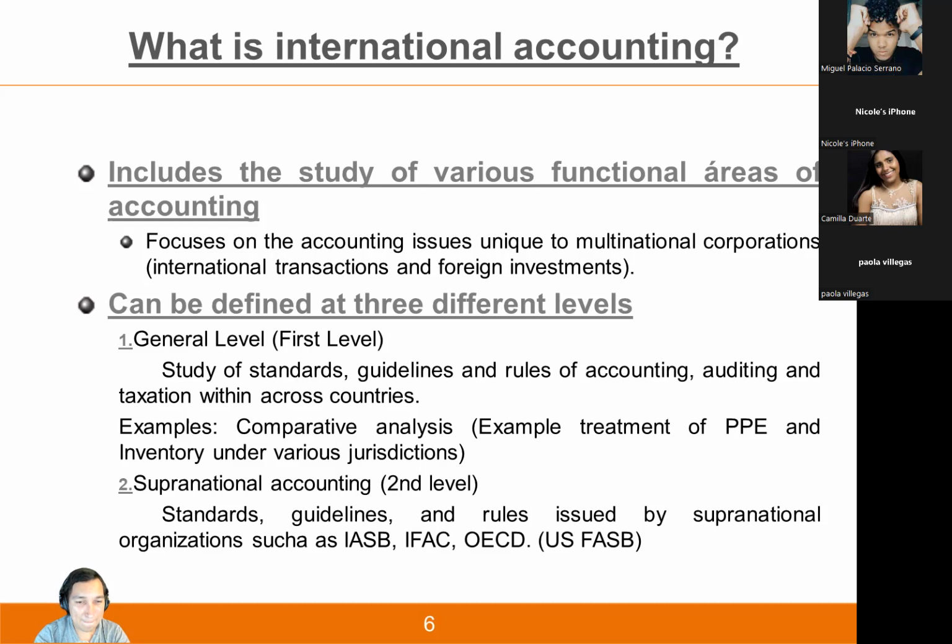Teacher, I don't understand the question. General level? Yes. Well, let's see the other levels, so you can understand the scope of international accounting. The second level is supranational accounting, which covers the standards, guidelines, and rules issued by supranational organizations, like the IASB. What is the IASB?